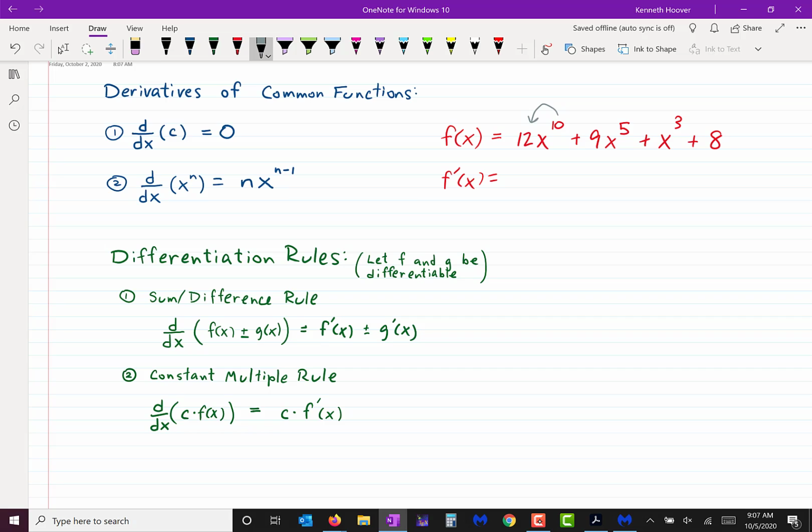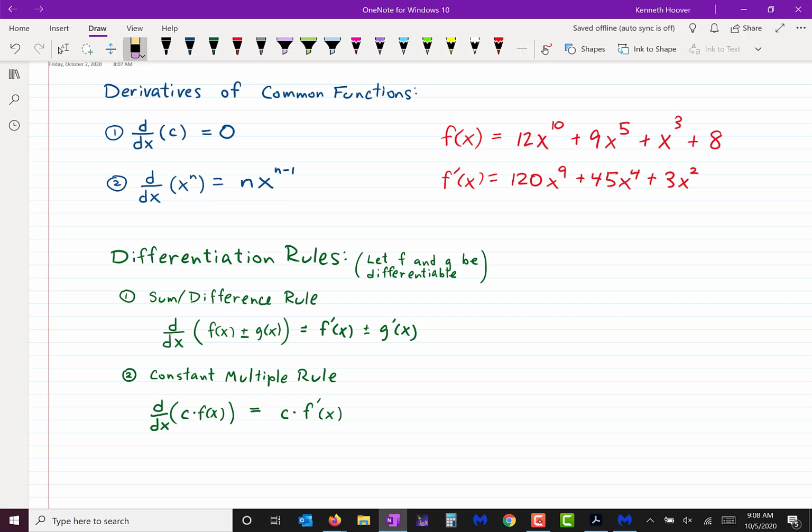We should get 12 times 10 is 120, and then it'll be x to the 9th plus 5 times 9, that will be 45, and we'll get x to the 4th plus 3x to the 2 plus nothing, right?